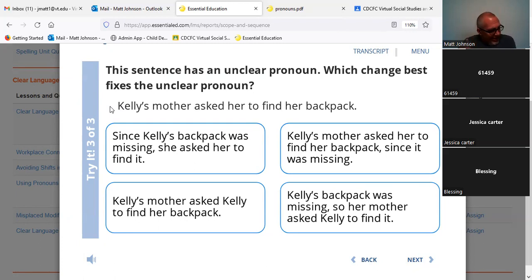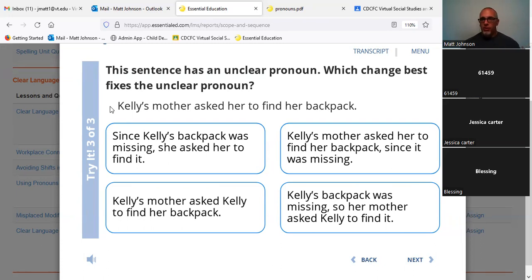And the correct answer here is: Kelly's backpack was missing, so her mother asked Kelly to find it. You know, a lot of times it's not going to be a simple fix, just moving a word or something like that.